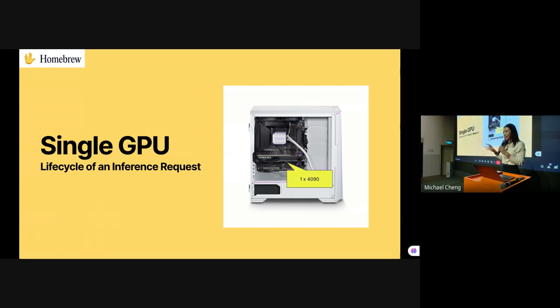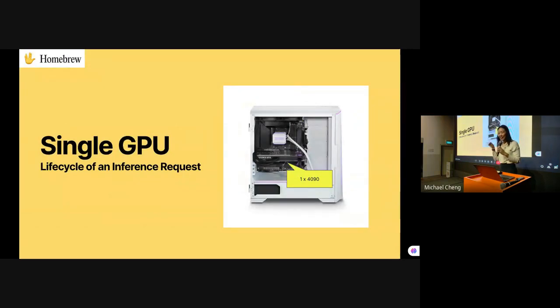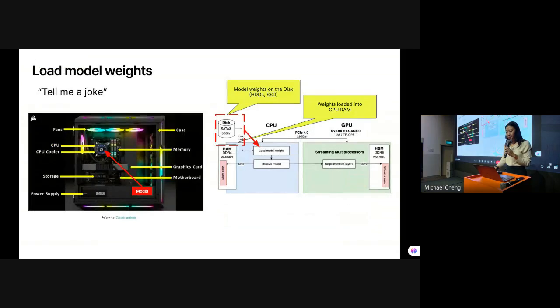This second section is on what actually happens when you send your ChatGPT requests on a hardware level. Most of us don't think about this because we just type in the text and then text comes out, and voila. But actually this is all happening under the hood.